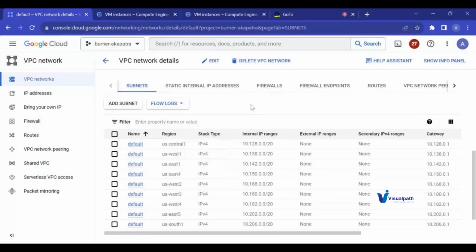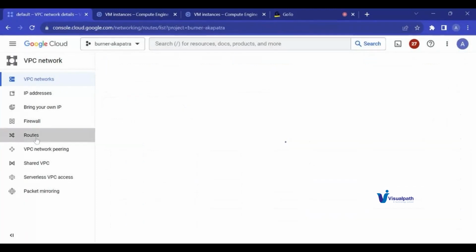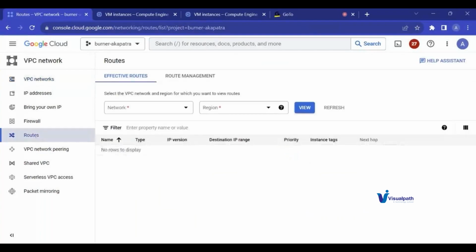Okay, so here when you go to the VPC networks, there is one more thing you see on the left of your screen, which is routes. This is the typical place where you define your routes. A few are already defined for you, because you get your internet gateways assigned when you define your public or external IP addresses.